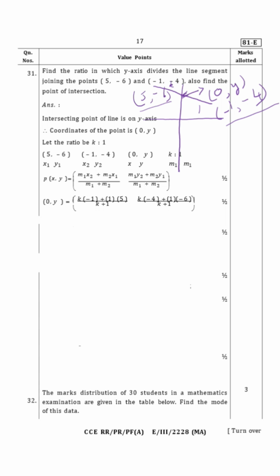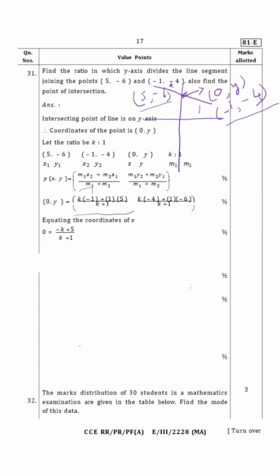Let us simplify and equate this. 0 is equal to (k into -1 plus 1 into 5) upon (k plus 1). What do we get? -1 into k is -k, 1 into 5 is 5. In the denominator, k plus 1. That is equal to 0.